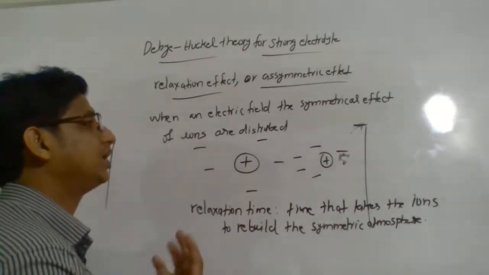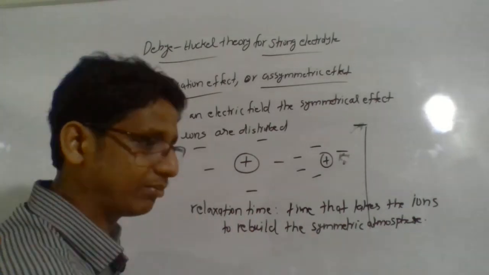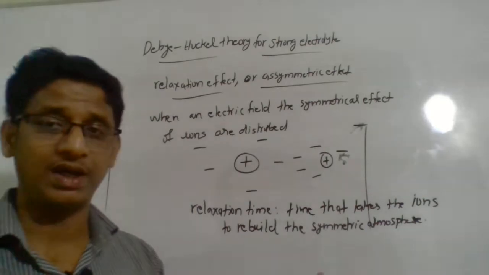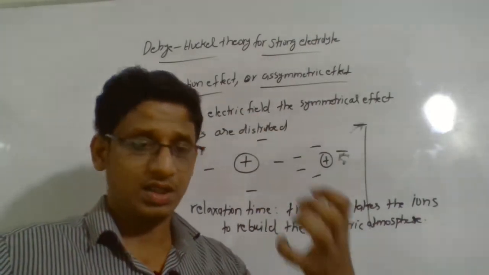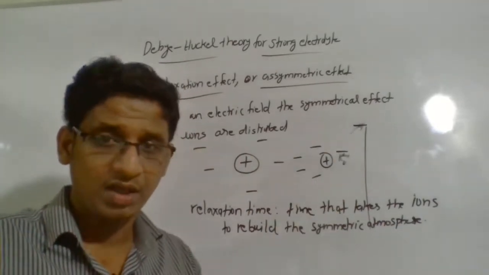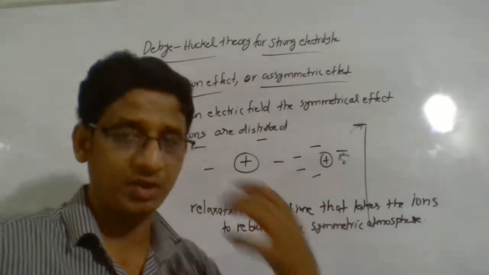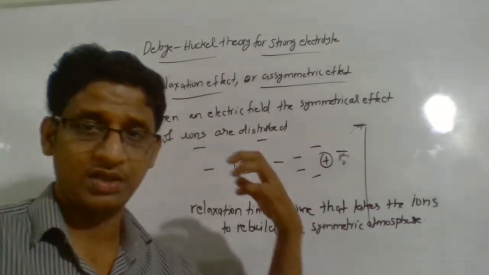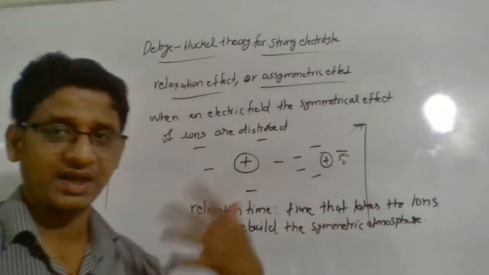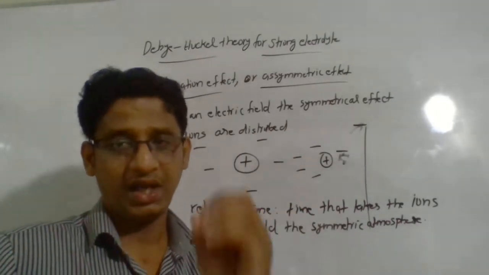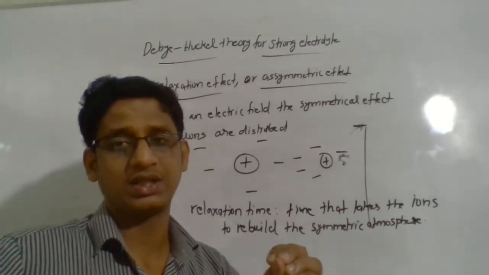That is why, even when an electric field is applied, the molar conductivity exhibited by a particular electrolyte at different concentrations is different. Different electrolytes exhibit different molar conductivity at different concentrations, and factors like ionic atmosphere and asymmetric effect always have an effect. That's the point the student has to understand.